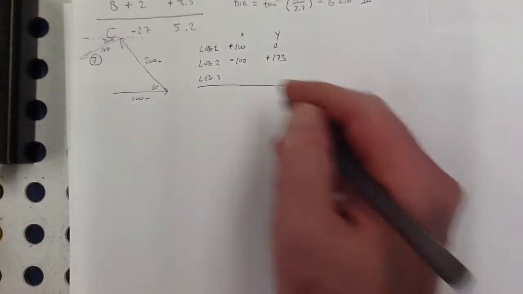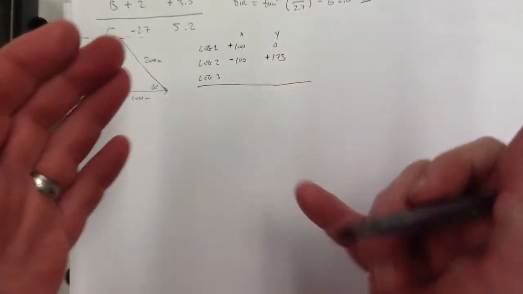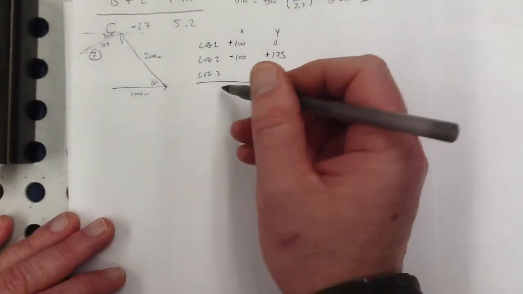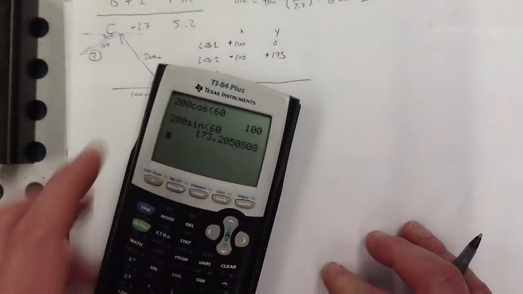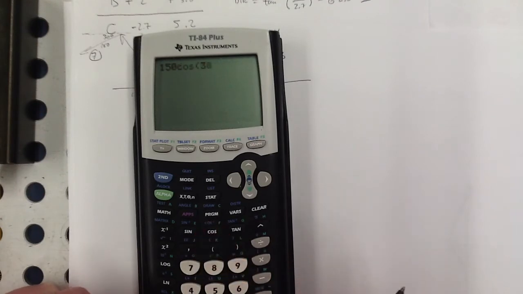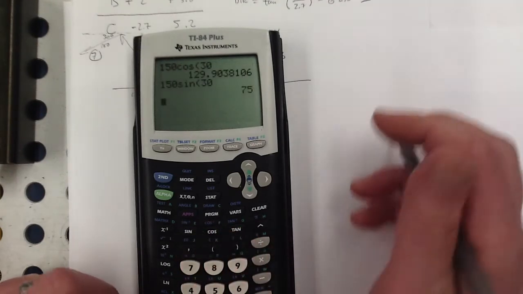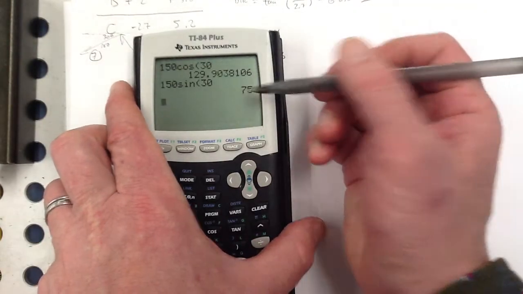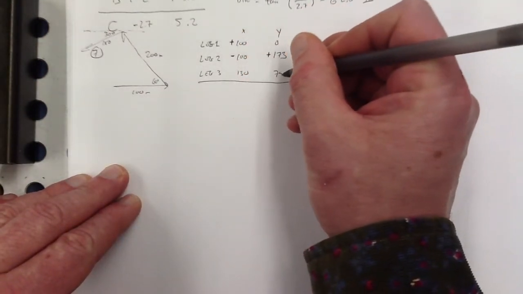Okay. And then leg 3, like what's up with this? Can you add 3 of them together? Sure. Just stack them up. And leg 3 is 150 at 30 degrees. So 150 cosine 30 and 150 sine 30. So 130 and 75. What quadrant is that in?